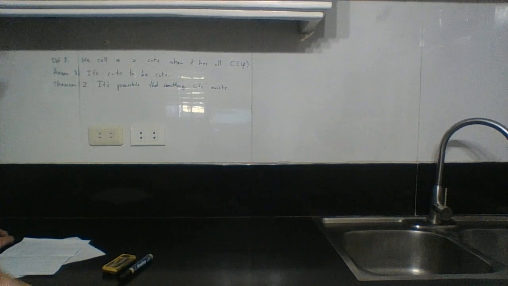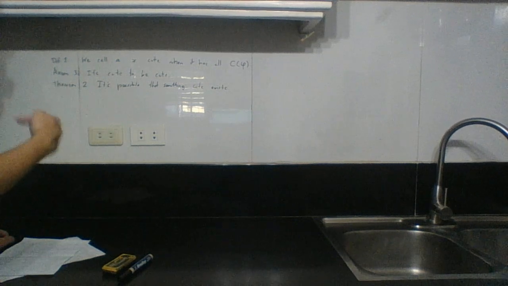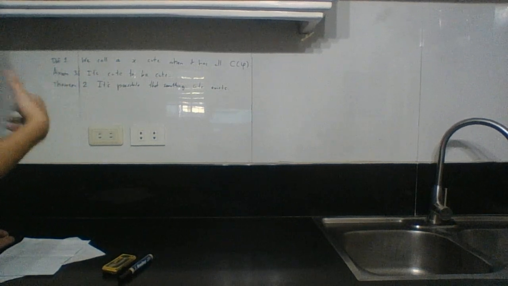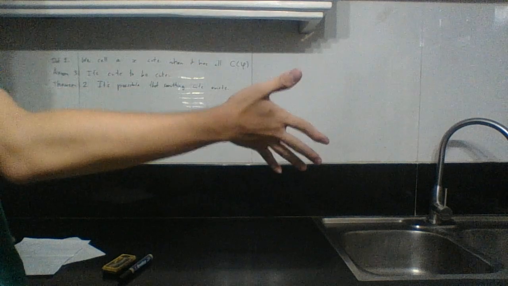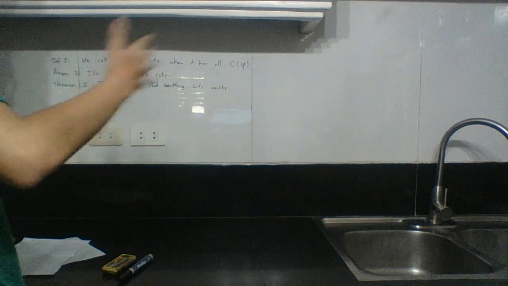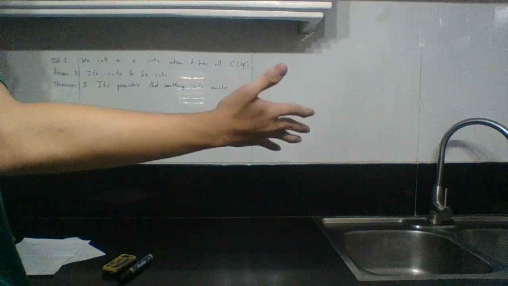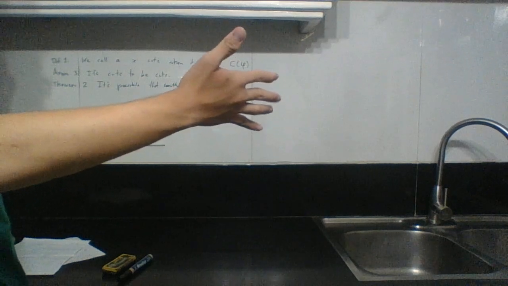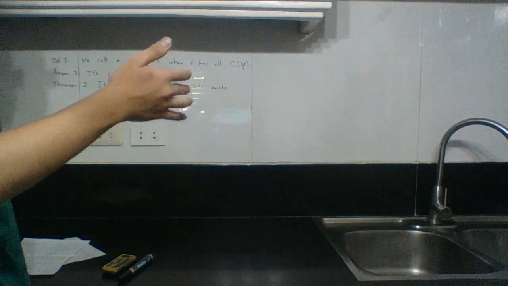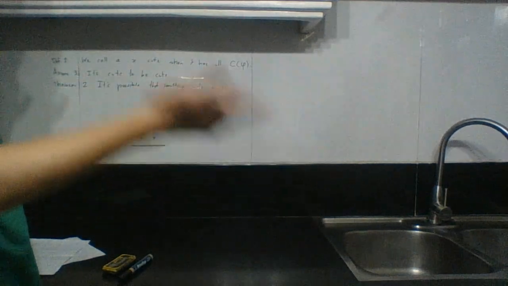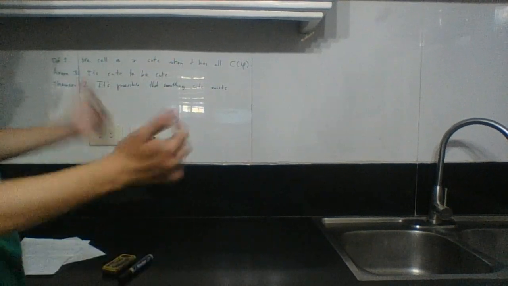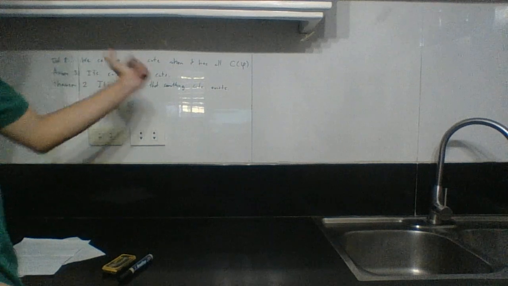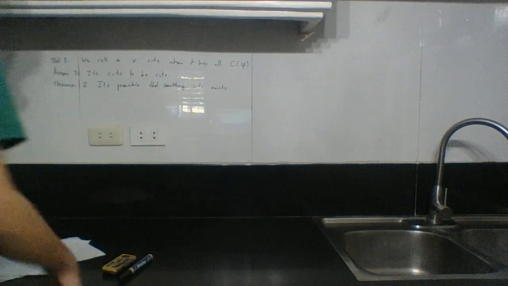I stated in theorem 1 that it's possible that something exists with a cute property, and because it is cute to be cute, and that possible object has that cute property, then that possible something is cute. Rephrasing a bit, it's possible that something cute exists. Okay, so that's theorem 2.